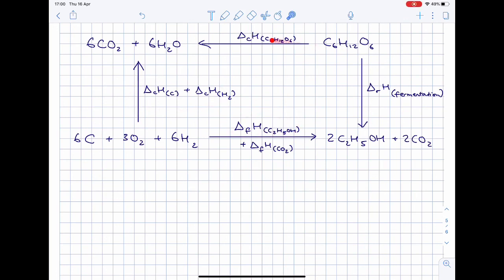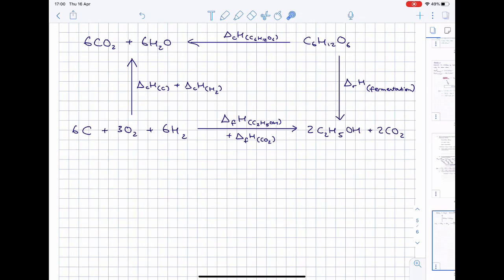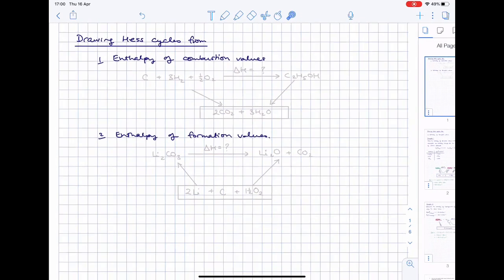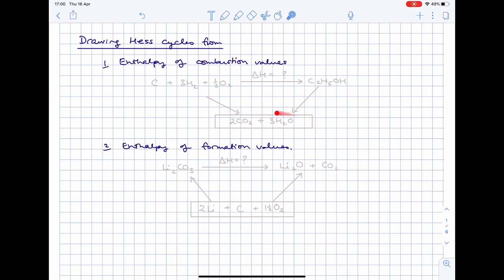And you wouldn't have been able to do this if you just learned the method from a textbook, which is just to learn that the arrows point downwards towards the products of combustion if you're given ΔH combustion values, and arrows point upwards from the elements if you're given ΔH formation values. So this is why it was important to understand how to construct these cycles to help you do more complicated questions.